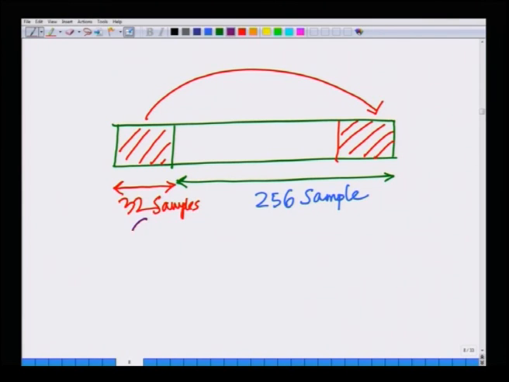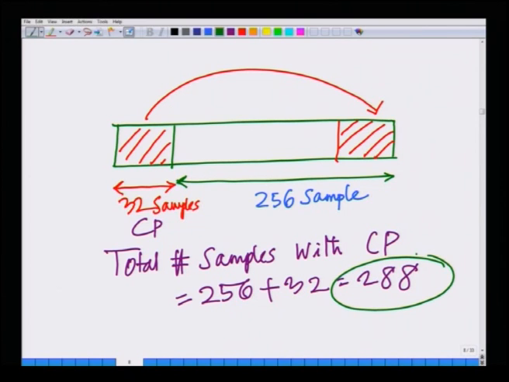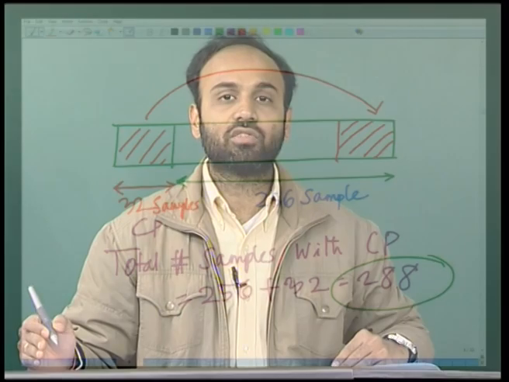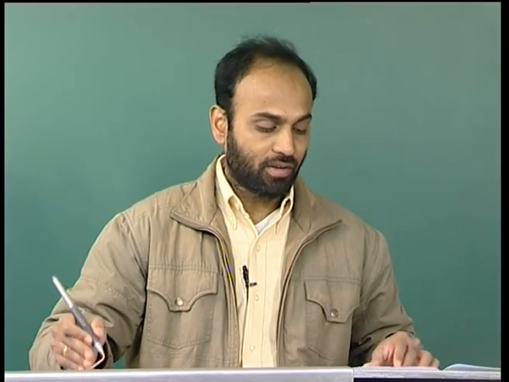Hence, total number of samples with cyclic prefix in one OFDM symbol equals 256 plus 32 equals 288 samples.